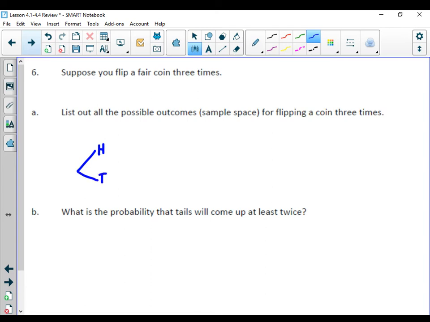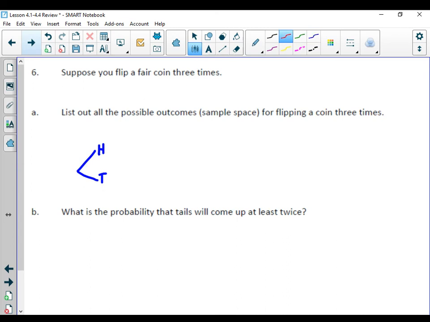Now, the other day when we did this, we talked about labeling the branches with the probabilities. Well, in this case, the probability is always going to be a half. So I can label those, but since it's equal probability there, I don't necessarily have to label them.